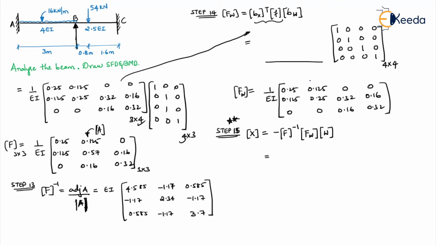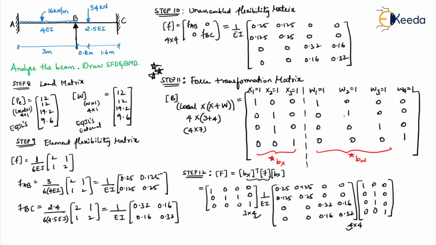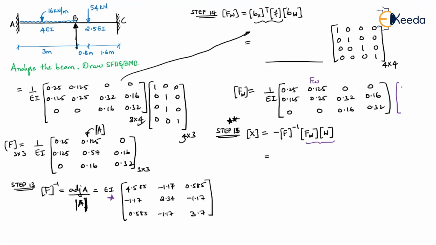So first let us do FW into W, then multiply it with this F inverse. So what is your W matrix? We have 12, 12, 19.2 and 9.6. So this is a 3 into 4 matrix and this is a 4 into 1 matrix. So we'll get a 3 into 1 matrix.